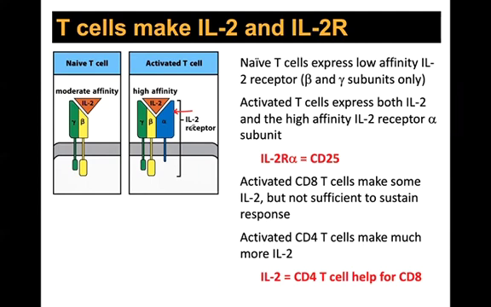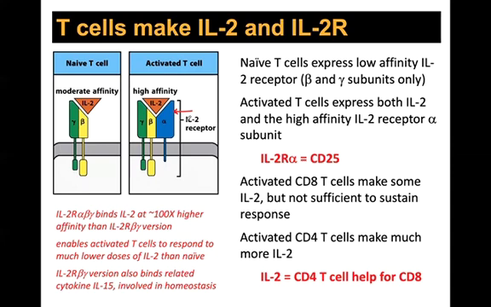It's about 100-fold higher affinity. This allows the T cells to respond to the cytokine and start proliferating. So the first step after T cells get activated, they start to proliferate. And when they're doing that, they're going to differentiate into effector T cells.